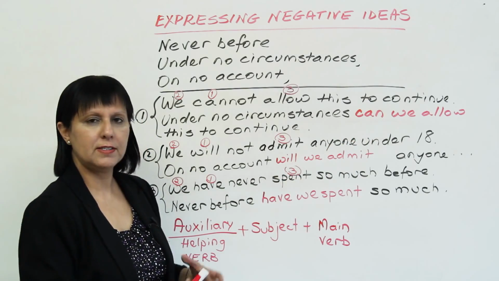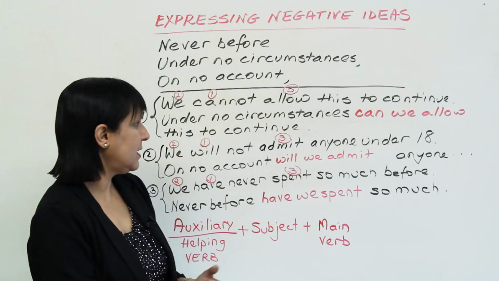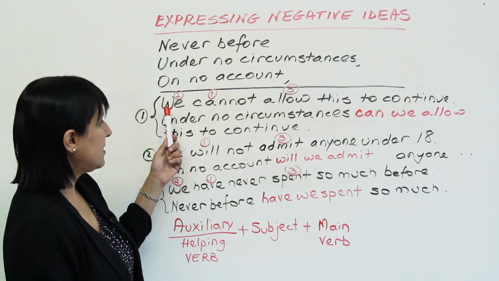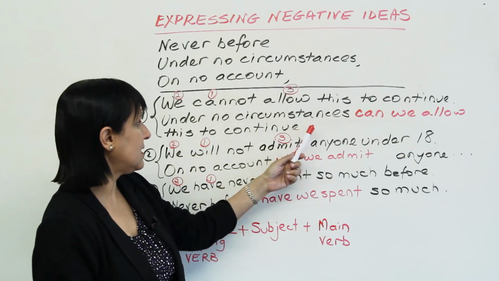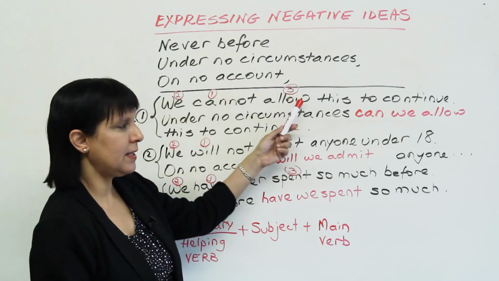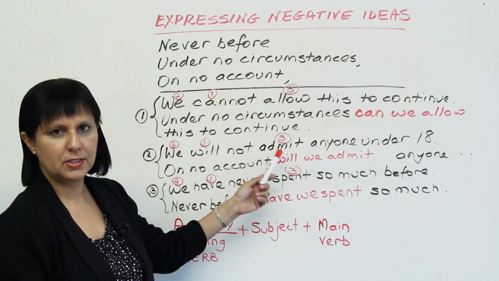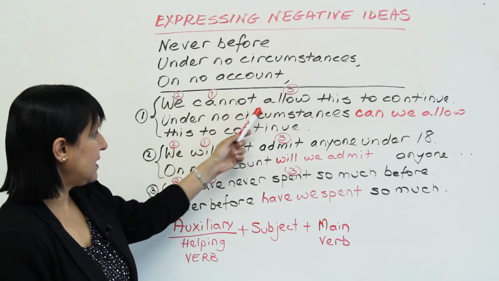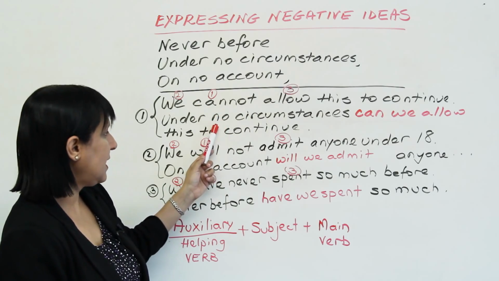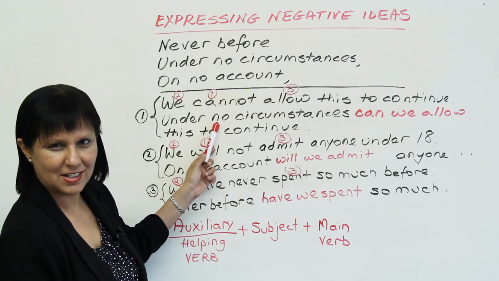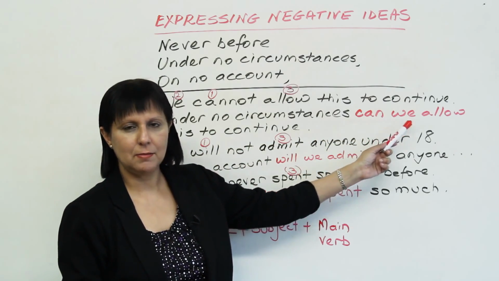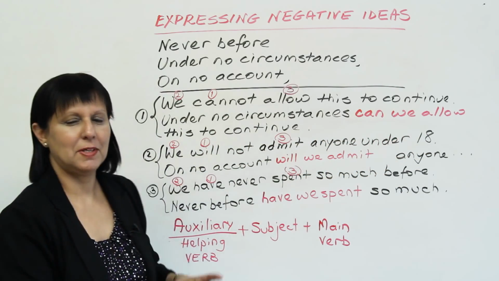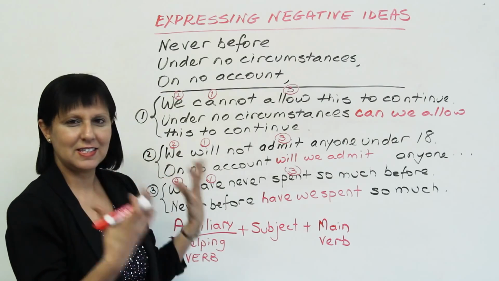And then you place the main verb. All right? Let's look. So here it said we cannot allow, and here we said under no circumstances can we allow this to continue. So this negative part came into this expression, and therefore the rest of the sentence became positive. But the implication is still negative.